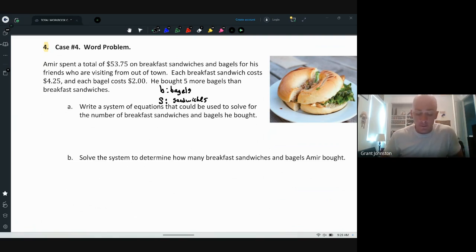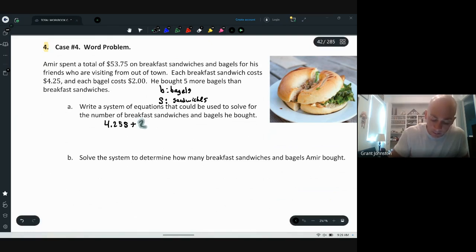Okay. Each breakfast sandwich, so this costs $4.25. $4.25 times the number of sandwiches plus $2 for bagels, it says.